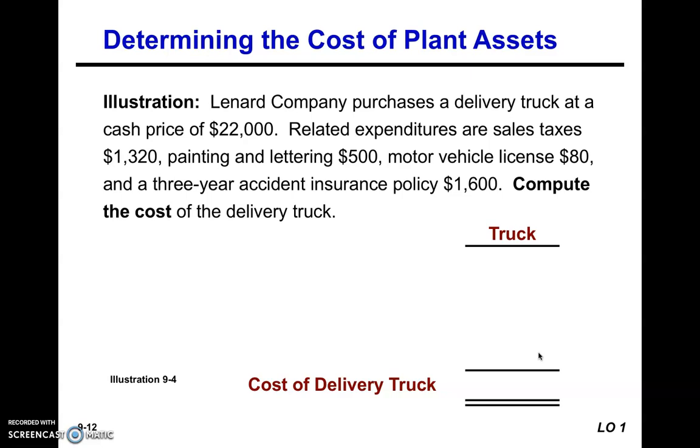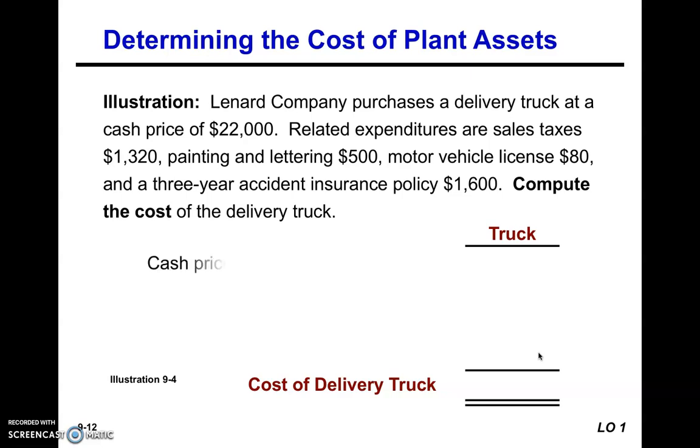We need to expense that. Then there is a 3-year accident insurance policy. Again, we're not going to include that in the cost of the equipment. What would that be? That would be an asset called prepaid insurance. We talked about that in chapter 3.